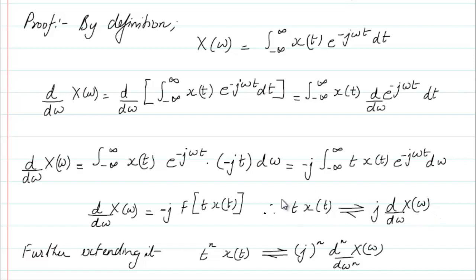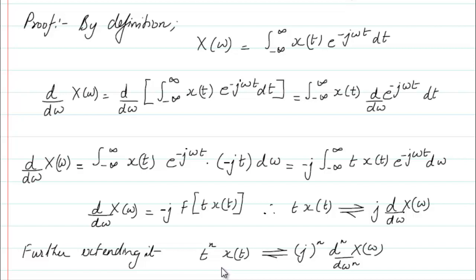Now if I am going to further multiply it with more powers of t, that many factors of j and differentiations I have to do. So this part you have to remember. It is very useful for solving problems. There are some very good problems which get solved using this particular property. We will see that when we do the problems of Fourier transform.